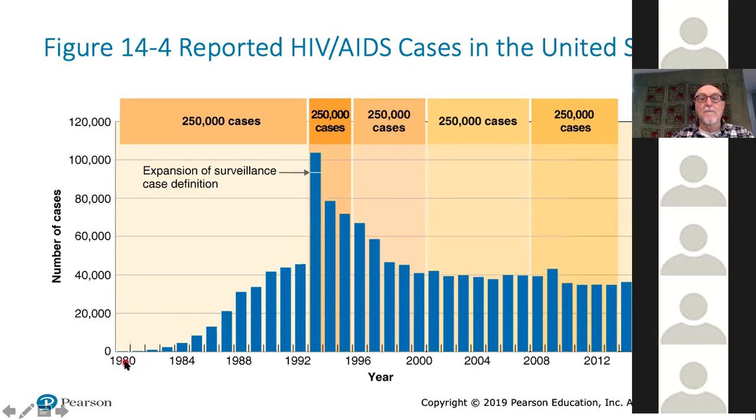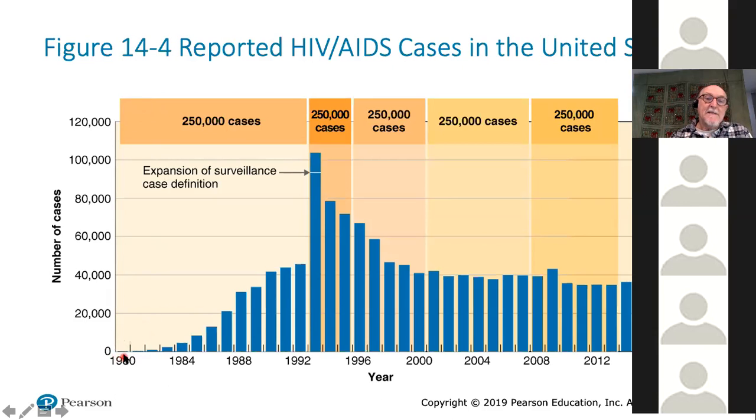So first of all, look at this initial part here. Look here and you'll see that this block here are the first 250,000 cases recorded in the United States. So these are all people who have turned up HIV positive on blood tests.